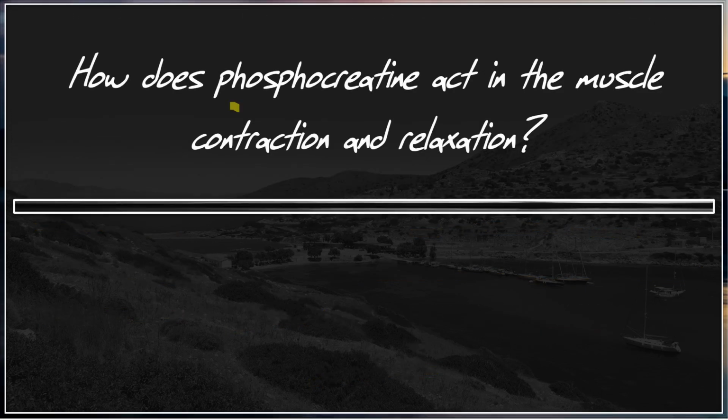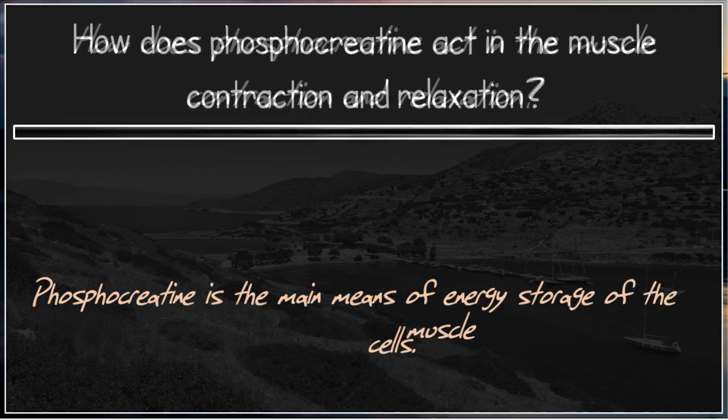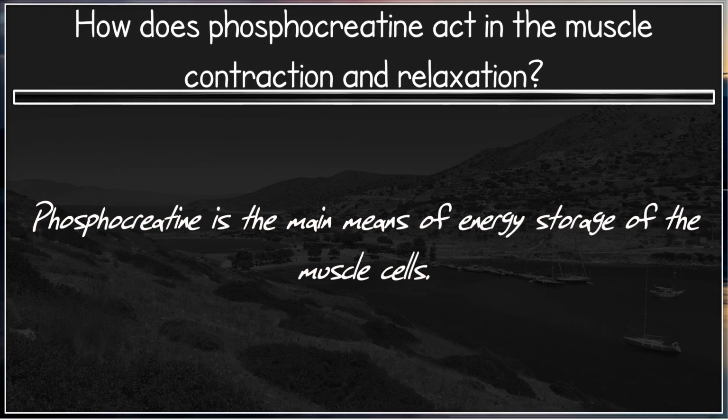How does phosphocreatine act in muscle contraction and relaxation? Phosphocreatine is a means of energy storage for the muscle cells.